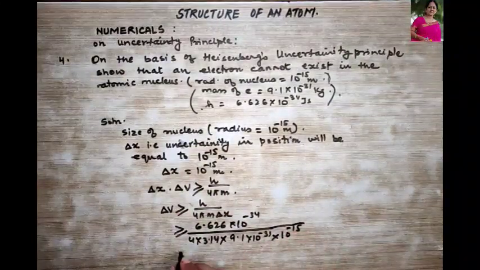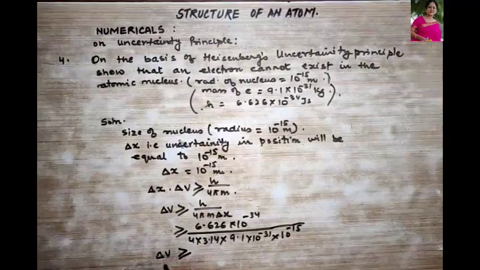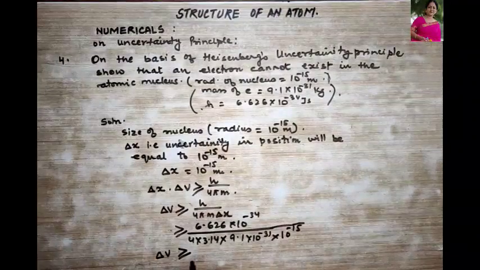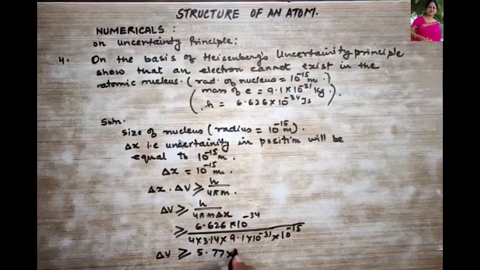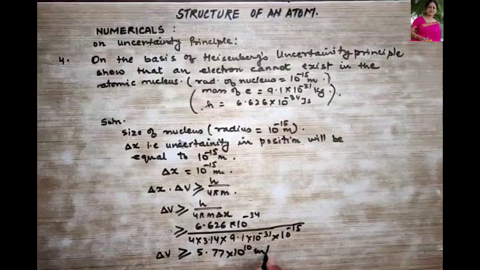When we solve all this, what do we get? We get delta v, that is the velocity of the electron, is greater than 5.77 into 10 to the power of 10 meters per second.